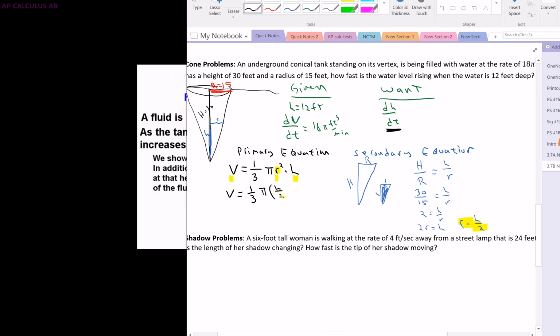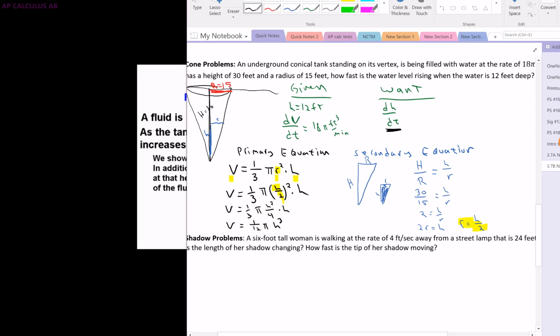So we're replacing that with h over 2. And now we're left with volume equals 1/3 pi, h over 2 squared is h squared over 4, times h. So volume is going to be 1/12 pi h to the third power, right?